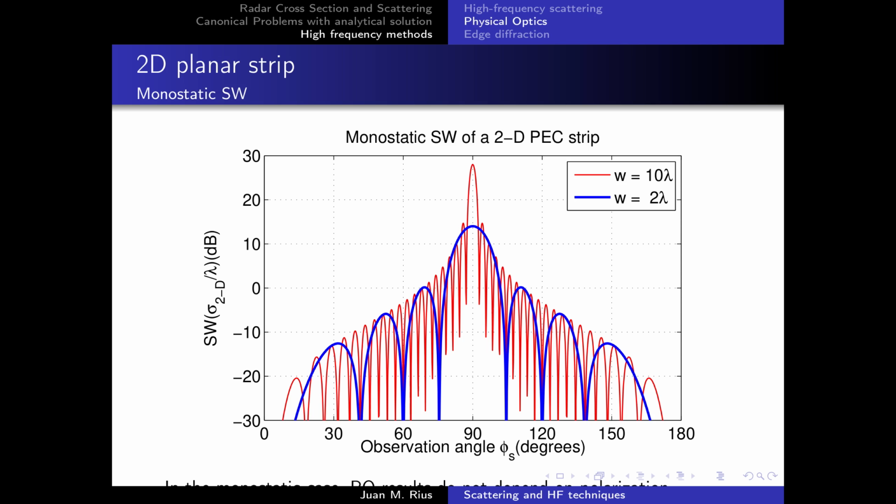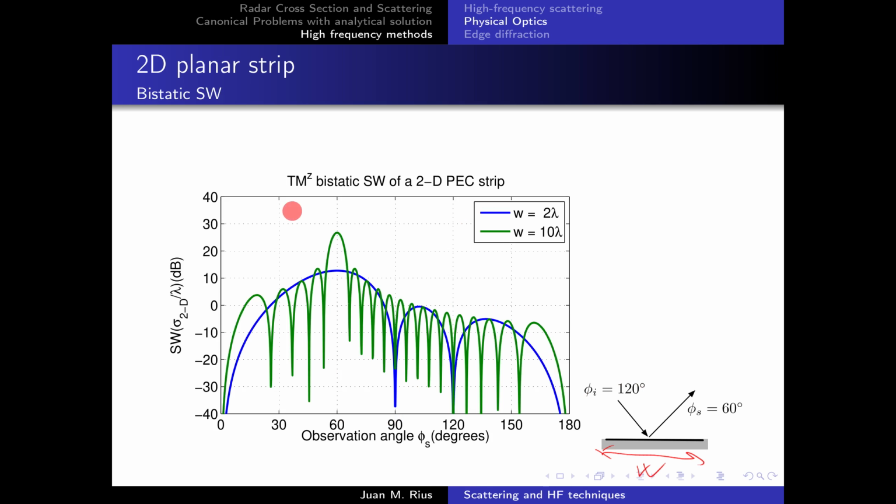In fact, you can recognize here the pattern of an aperture antenna, because the physical optics current is a current in a plate, and when you integrate the radiation of a current in a plate, it is similar to the radiation of an aperture antenna having the same area as the plate.